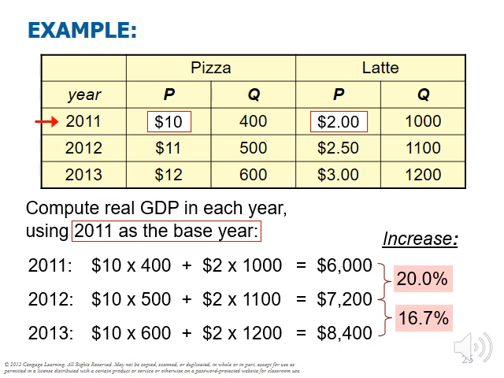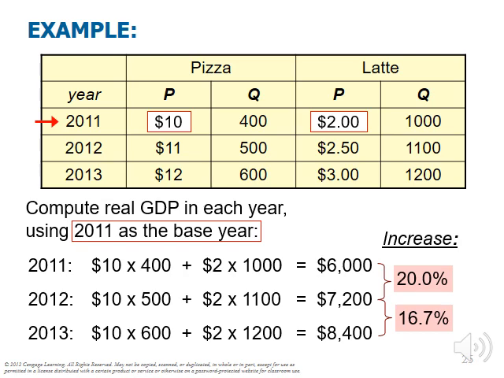From 2012 to 2013, the increase in real GDP was 16.7%. Keep in mind that these percentage changes are smaller than those reflected in nominal GDP because these percentage changes include only growth in real output and not inflationary data.